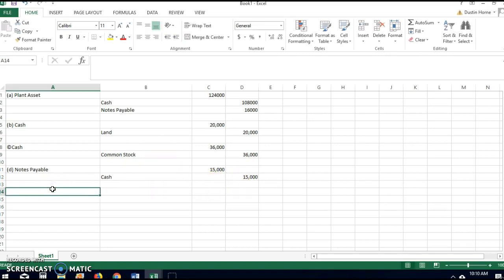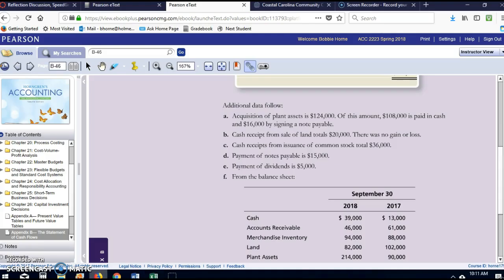And then let's look at transaction E. Payment of dividends is 5,000.